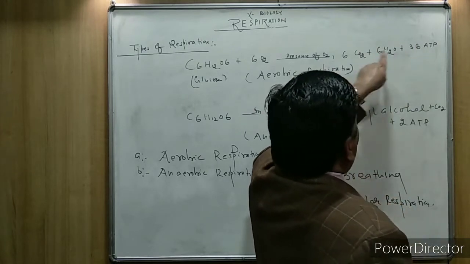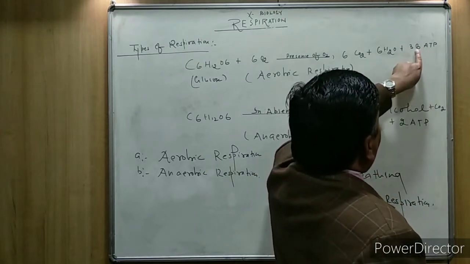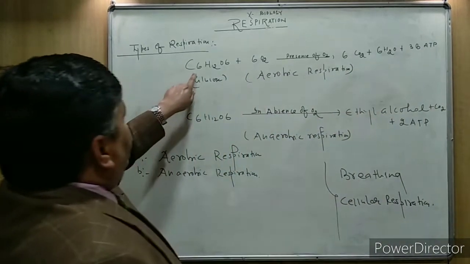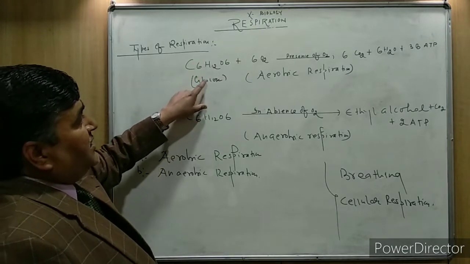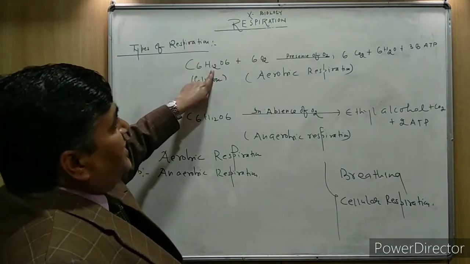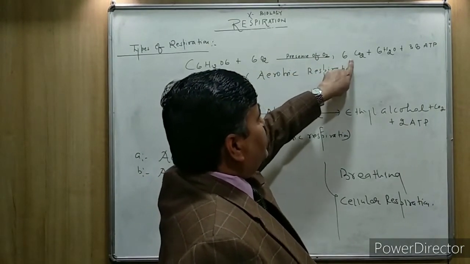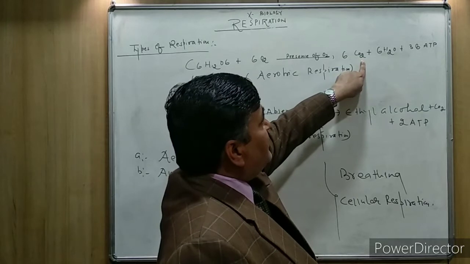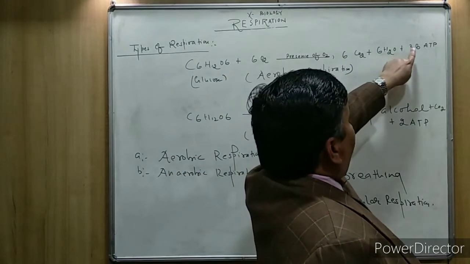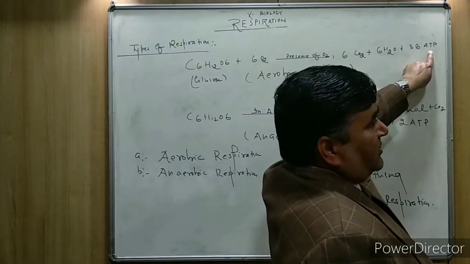And how many molecules of ATP are produced? 38 ATP. This is the balanced chemical equation of aerobic respiration. One molecule of glucose in the presence of oxygen gives rise to 6 molecules of carbon dioxide, 6 molecules of water, and 38 ATP molecules.